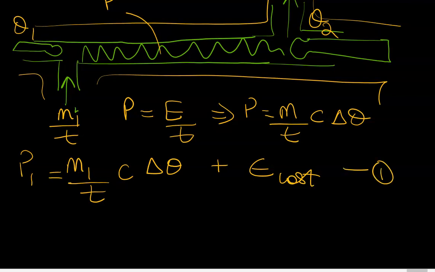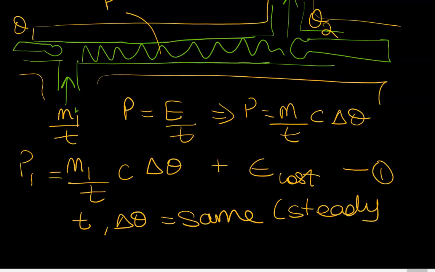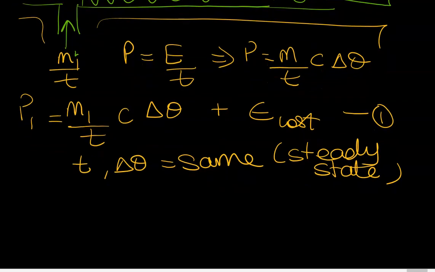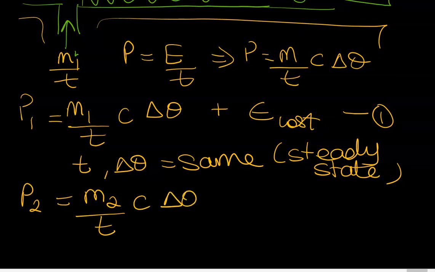Now let's say I repeat my experiment, but I choose another mass of water, but I am letting T and delta theta be the same, right? Because this is in keeping with something called steady state. All right? So now I have to adjust the power. So that's M2 over T, C delta theta, and I'm assuming my energy lost will be the same.